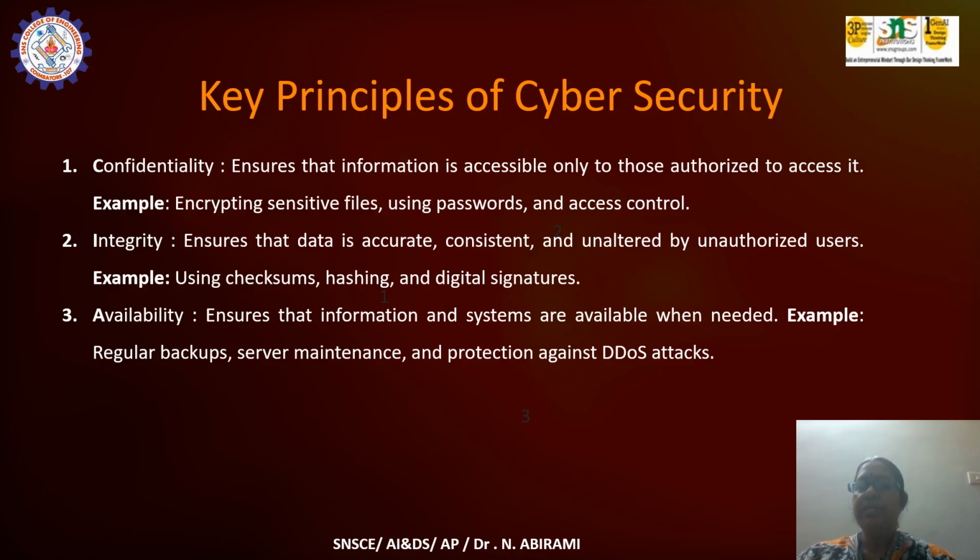The last one is availability, where we ensure that information and systems are available when needed. So you will have a backup of your data, the server is properly maintained, there is enough storage space, and your data is completely protected from any distributed denial of service attack.